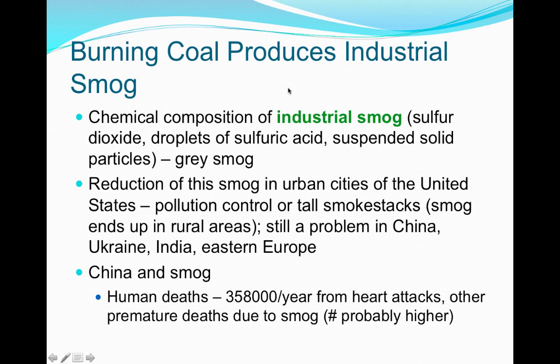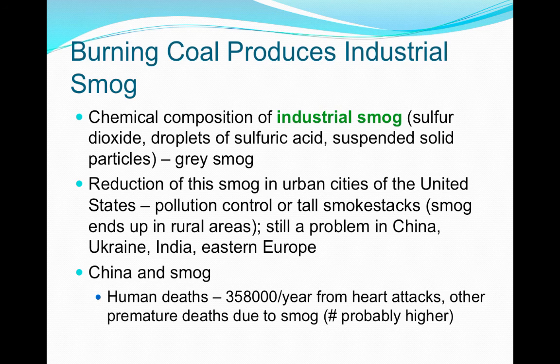So we now have, how does industrial smog form? Coal is burned. What is its characteristic color? Gray. What are its main components? When you burn the coal, you form carbon monoxide, carbon dioxide, and sulfur dioxide, which then turns into sulfuric acid, which is H2SO4, and something called ammonium sulfate, which is kind of a solid version of that acid.